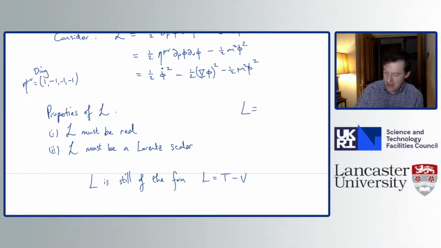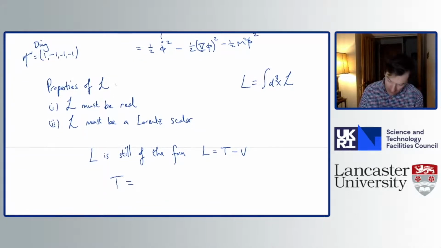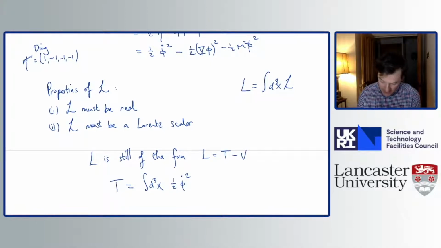Remember, L is the integration over the volume of the Lagrange density. In the example above, the kinetic energy is, we need to integrate our Lagrange density over this volume factor. So our kinetic energy is this first term that we see, a half phi dot squared. And our potential are these bits that come with the minus sign.